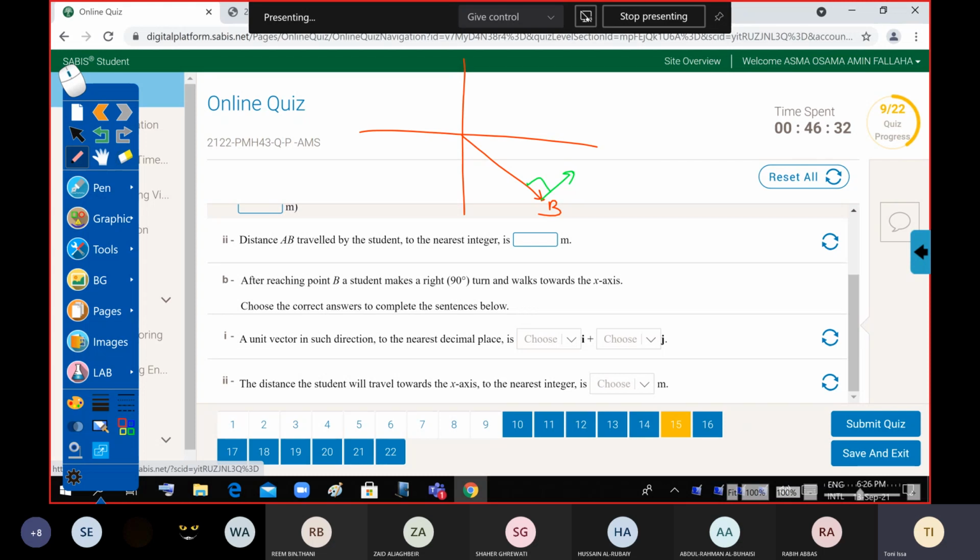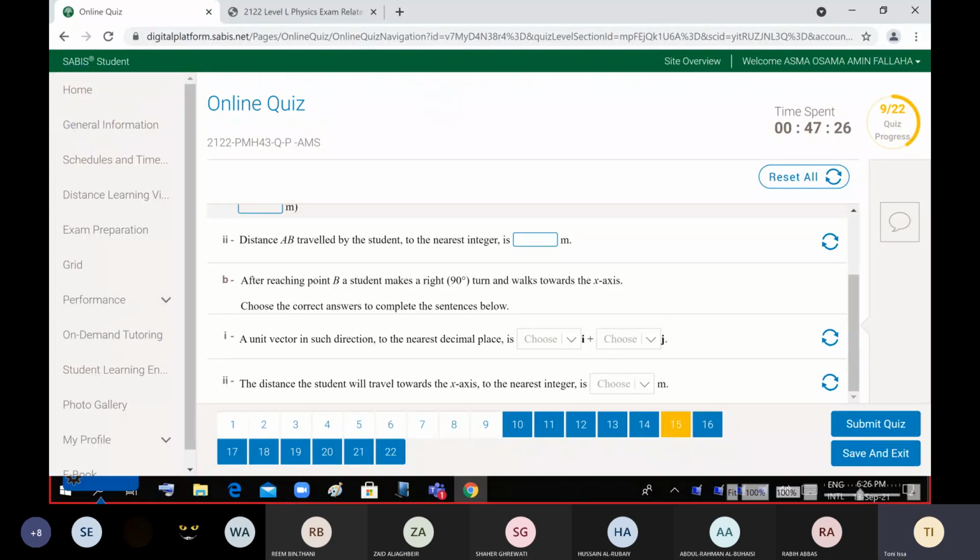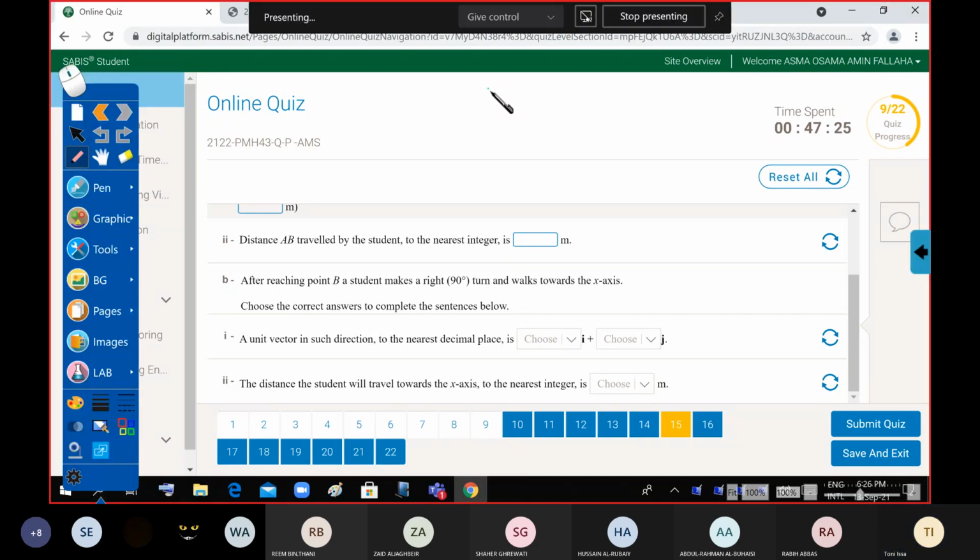Now I know that vector AB, okay, we know that the scalar product between two vectors, let's say vector u scalar v, is 0. This means u is perpendicular to v.